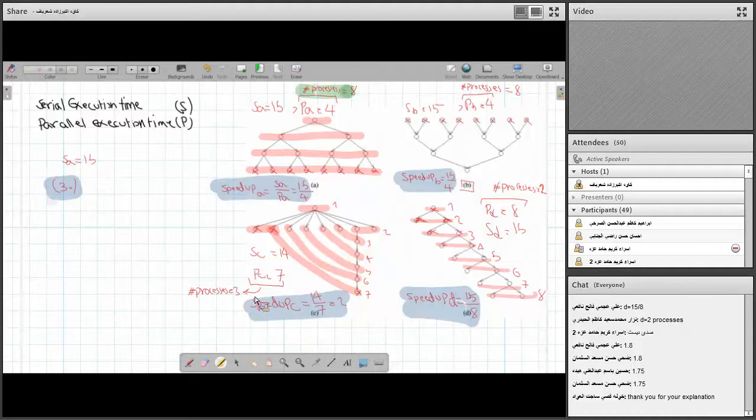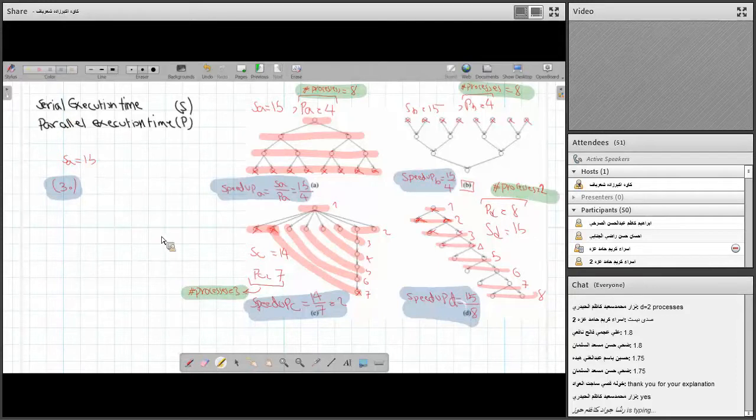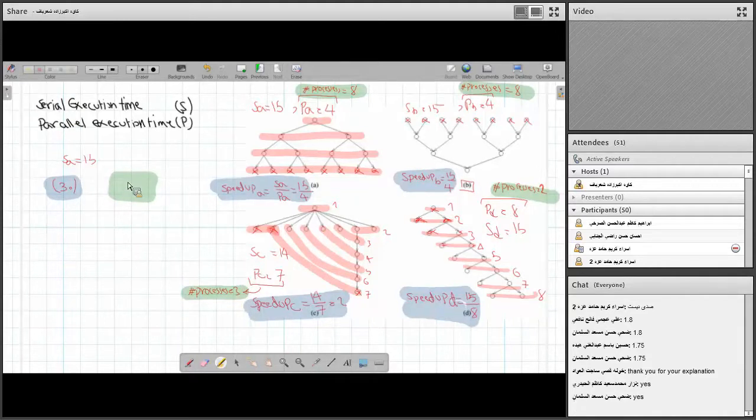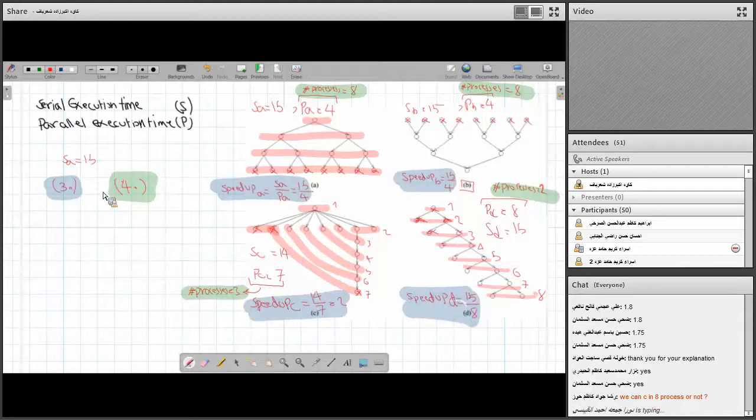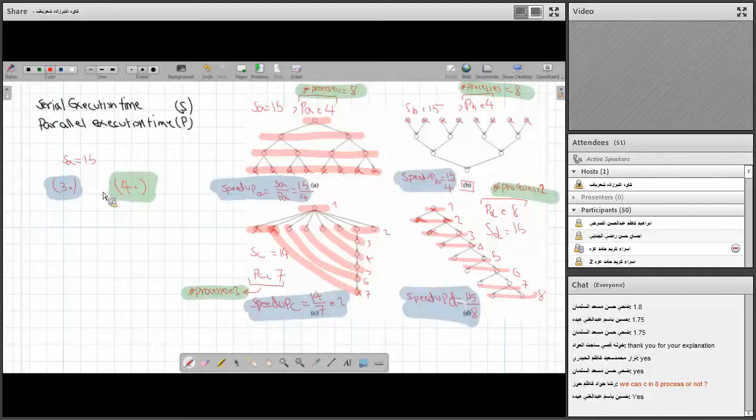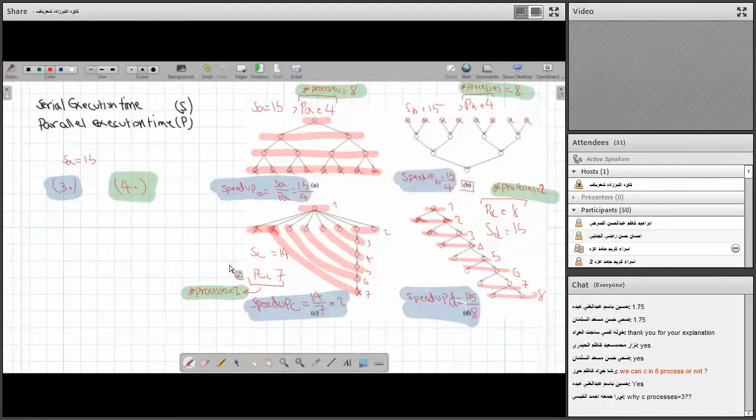Part 3 and part 4. 8, 8, 3, 2. You mean change 3 to 8 in this figure?